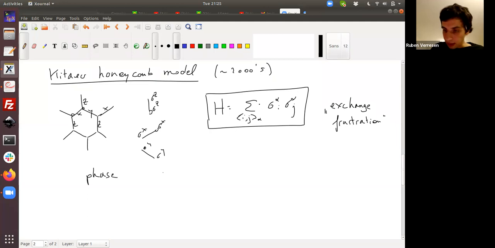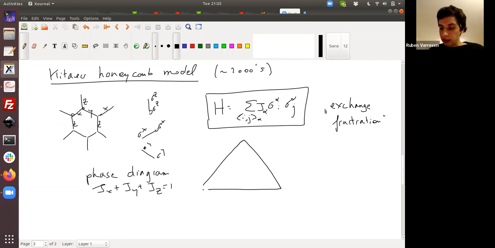So let me repeat the phase diagram. You can have a directionally dependent coupling, Jx, Jy, and Jz. Of course, the global prefactor is arbitrary, so let's say that the sum of the three is 1. Then there's a nice Kitaev phase diagram. For example, here Jz is 1 and the other two are 0.